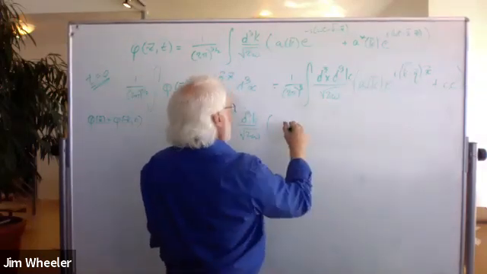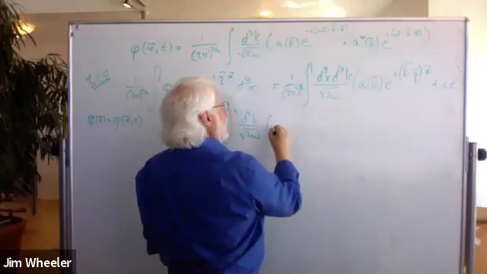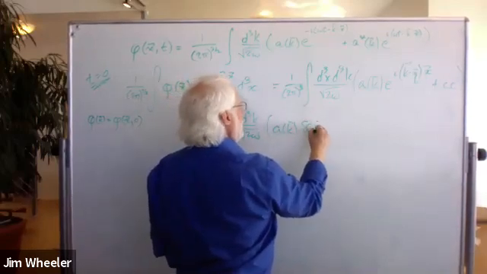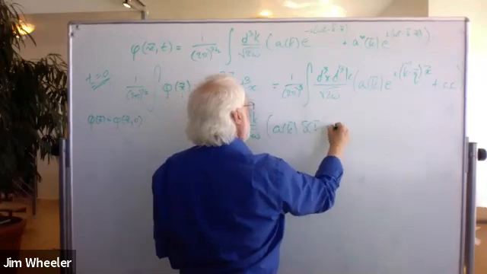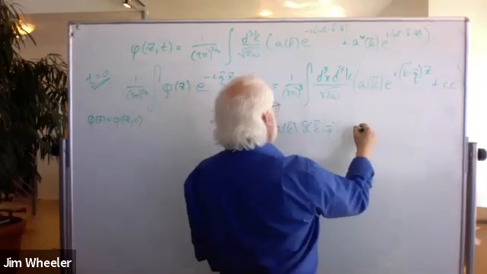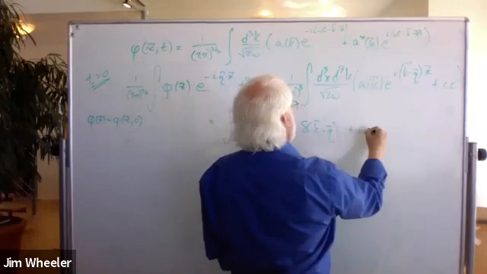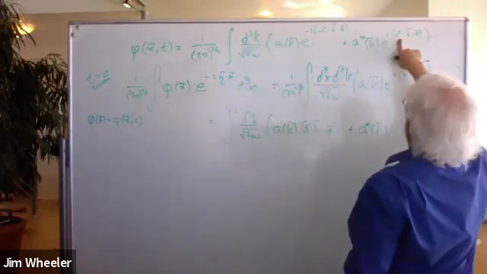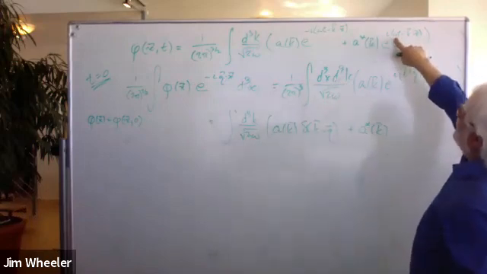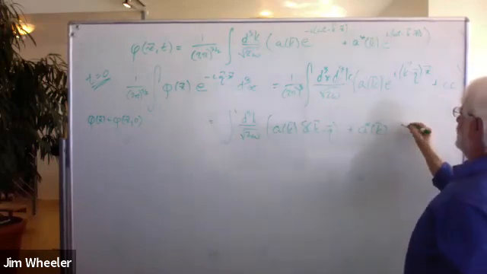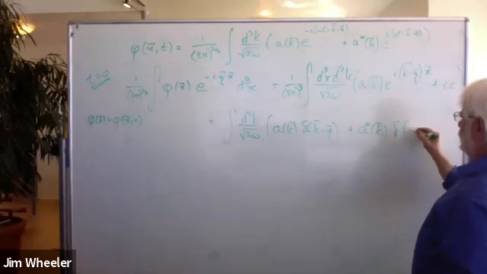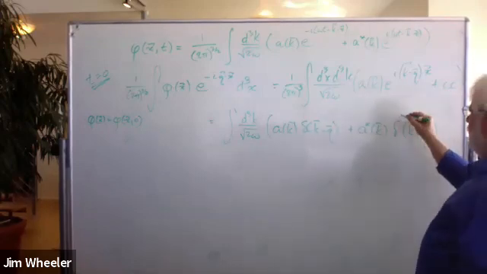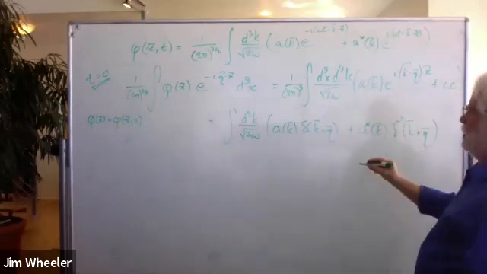Then we get a of k delta of k minus q, plus a conjugate of k. And here we have the minus ik, so it's going to be delta of k plus q. And that's the three-dimensional delta.